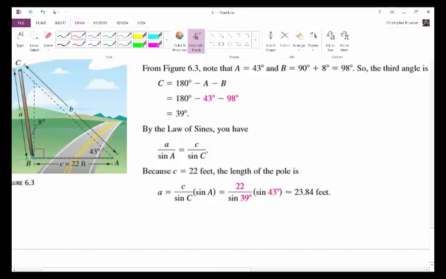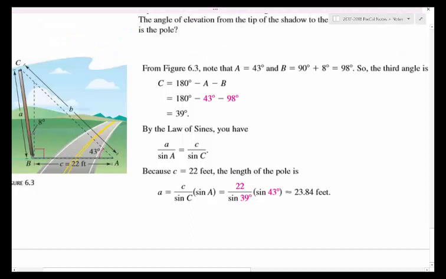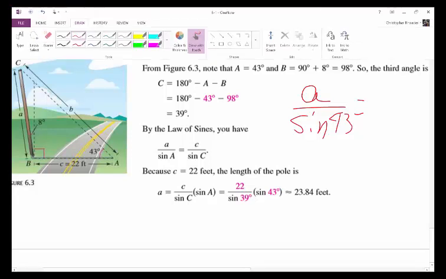Since I'm solving for little a, and I have 43 degrees, and I have 39 degrees, and I have a length of 22 feet, I can set it up as little a over the sine of 43 equals, sorry, that should be sine of 39 on the bottom. Let me erase that.